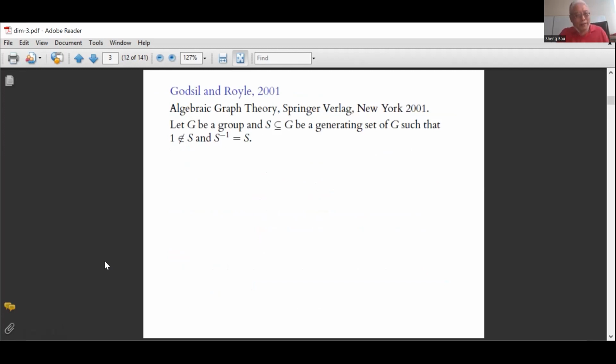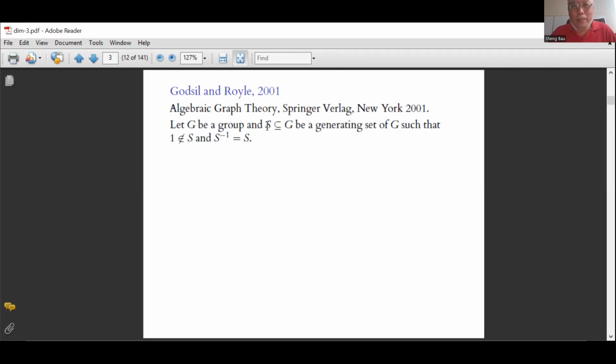Now, the concept of a Cayley graph is known to my audience, but mainly for finite groups. I'm not talking about finite groups. I'm talking about the group here, as I said. Let G be a group, it means it's a group. We didn't say it is a finite group.